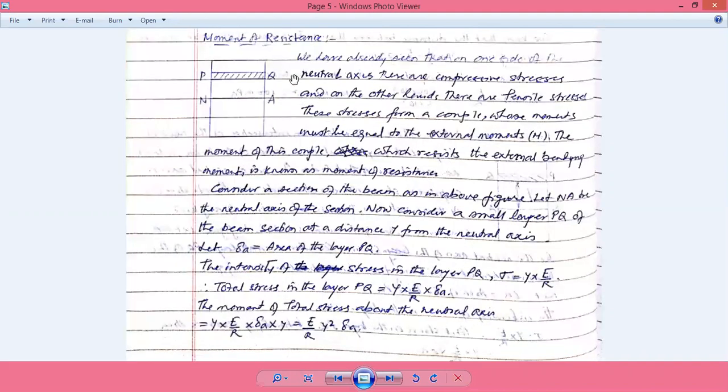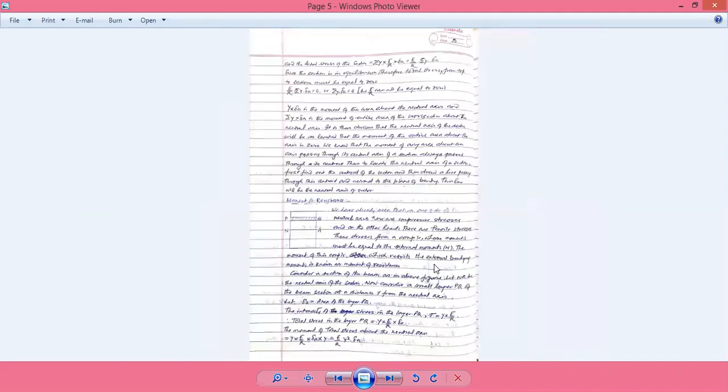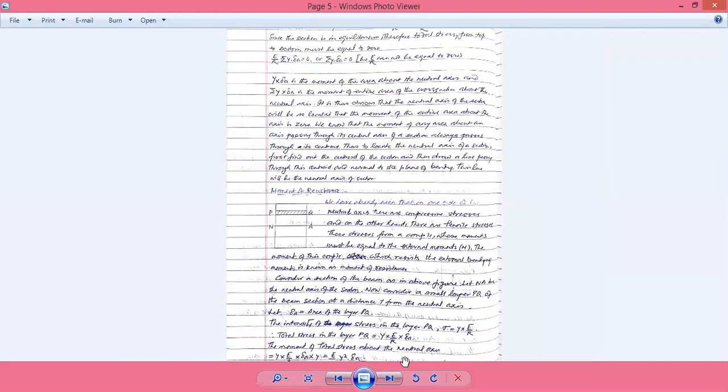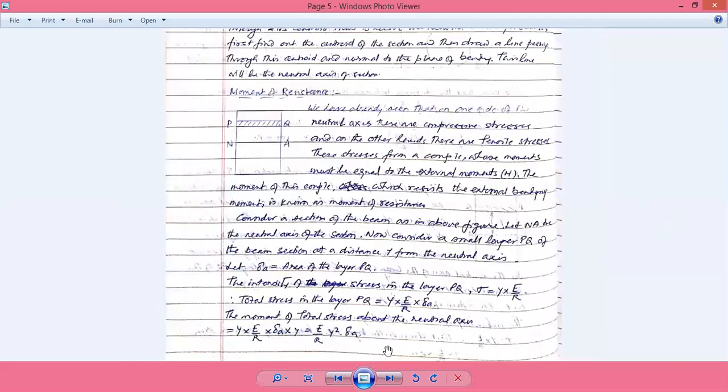Then another term, moment of resistance. Let us go through what it is. We have a rectangular section of a particular beam, whose neutral axis is given as NA.